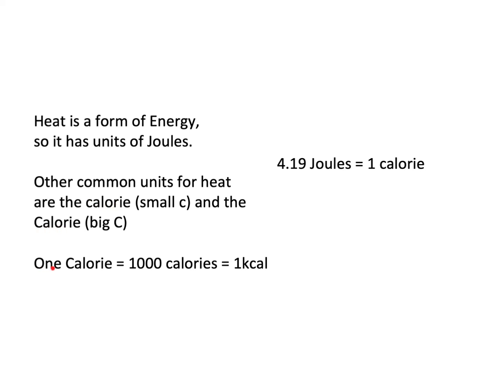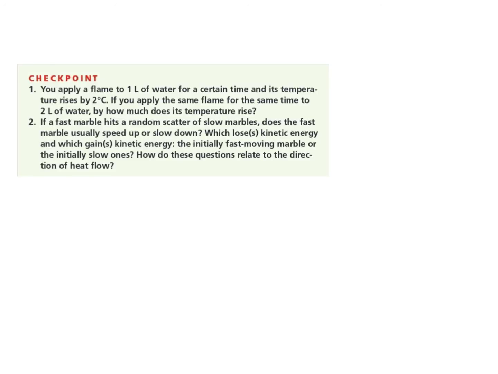In fact, 1 big C calorie equals 1,000 small c calories. And we say that 1 big C calorie is equal to a kilocalorie. Remember, kilo means 1,000. Kilometer is 1,000 meters. A kilocalorie is 1,000 little c calories, and that's 1 capital C calorie.